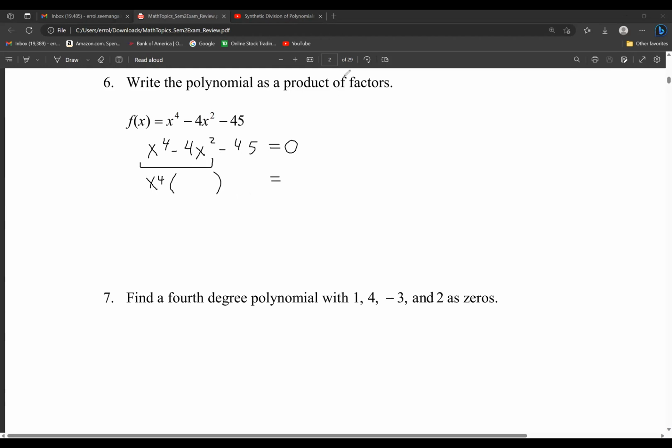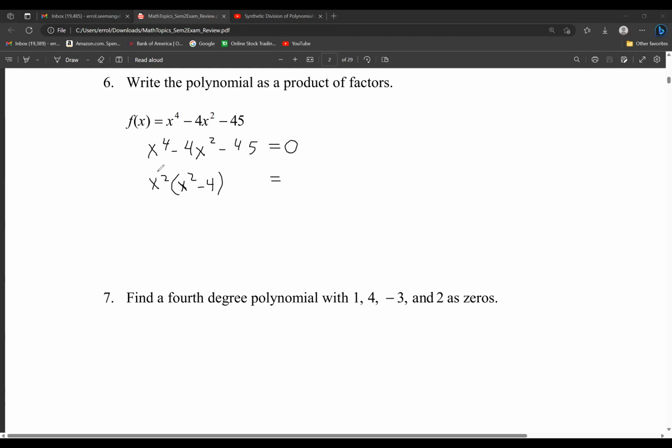Greatest common factor out of those two? It's not x to the 4th, but it's x squared. Yeah, x squared. Okay, so we're going to take out the x squared. What's on the inside of the parentheses? x squared minus 4.